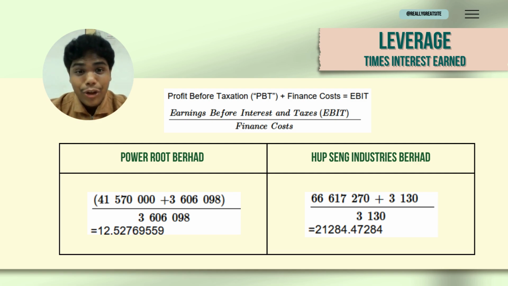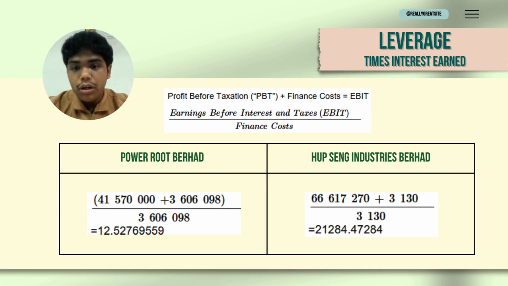And last but not least, we'll be focusing on times interest earned. First, we need to find profit before taxation. We add financial costs and we get EBIT, which means earnings before interest and taxes. When we have the amount of EBIT, we divide it by financial costs.